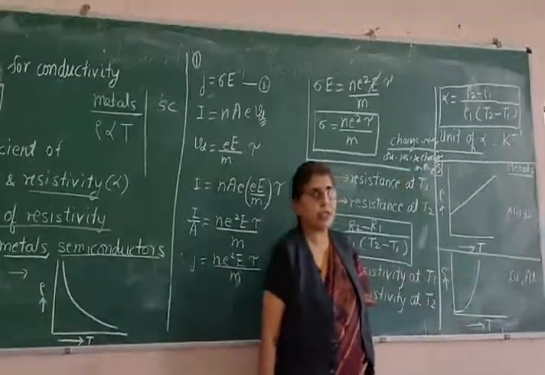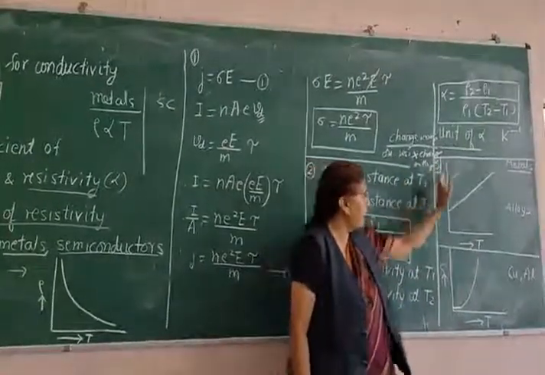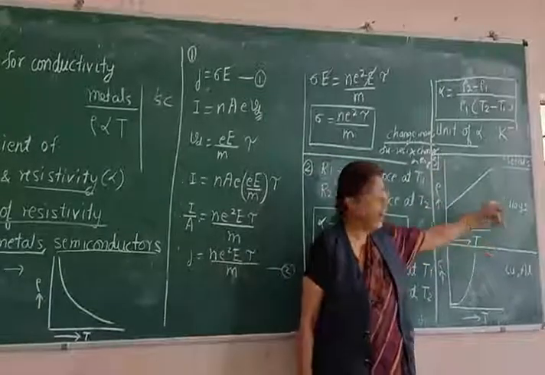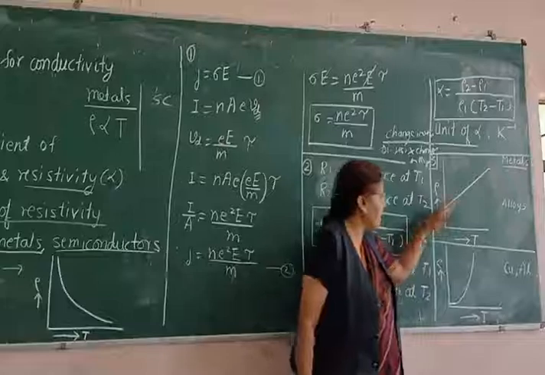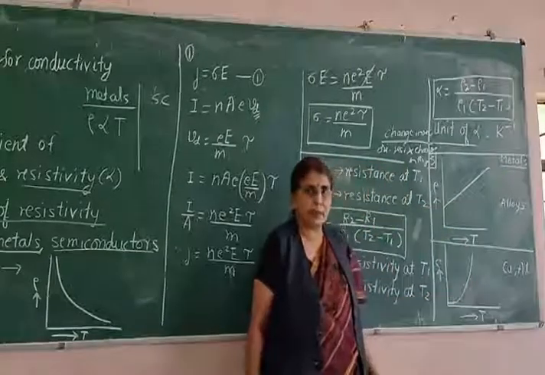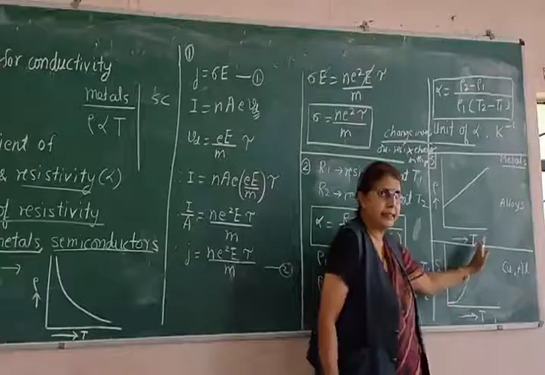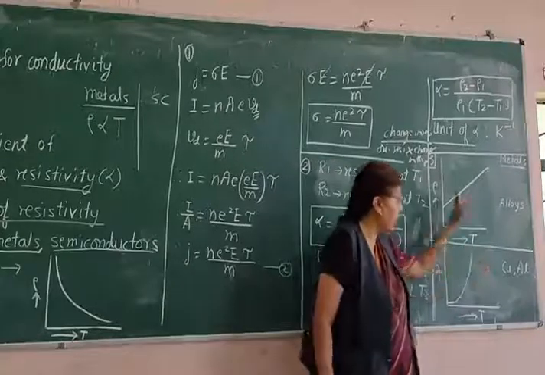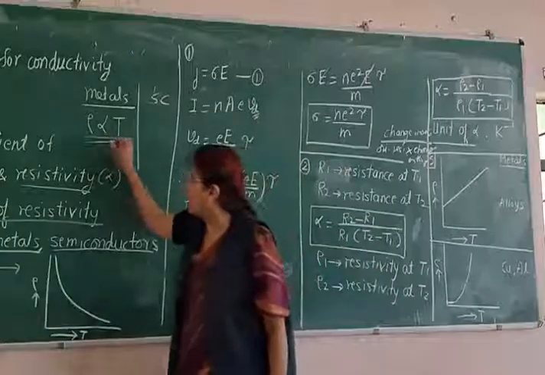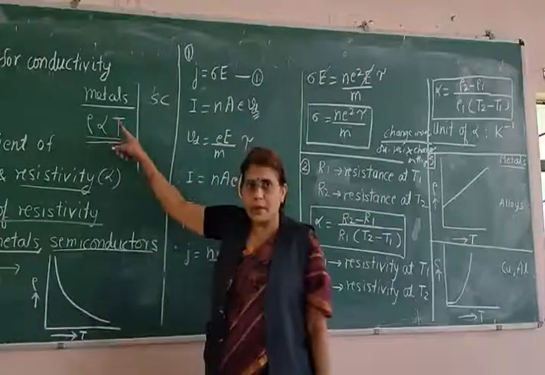See the nature of the graph. On the y-axis I have taken resistivity, on the x-axis the temperature. For alloys, it is a straight line, whereas for metals like copper and aluminium, it is a curve like this. This is non-linear. Though it is non-linear, in both cases you can easily observe that rho is proportional to temperature.